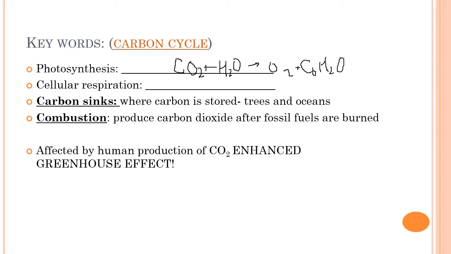And what we see from this and what we've learned is the exact opposite is cellular respiration, where it takes these sugars and oxygen and we would breathe out CO2, and there is a little bit of water moisture on our breaths. Other ones, carbon sinks and combustion, we all know and we've studied from that last unit.